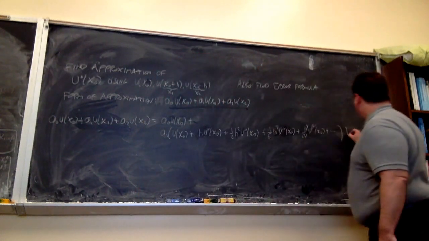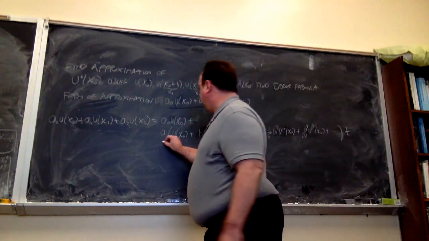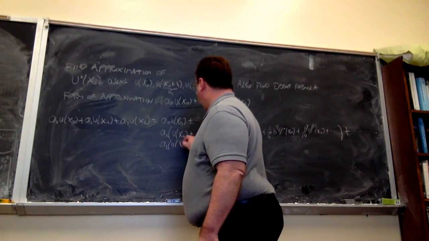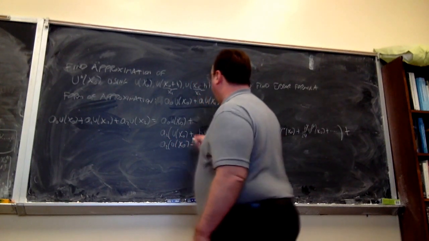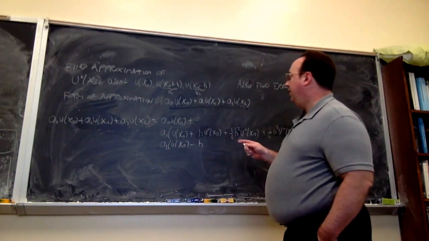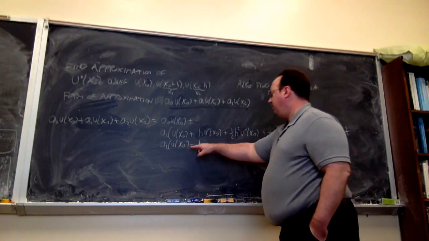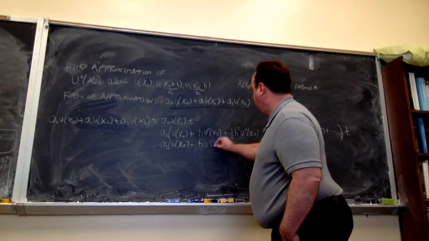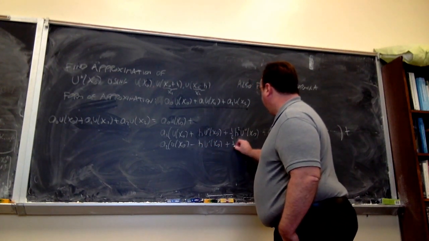plus a2 times a similar expansion around x2, evaluating x2 but expanding around x naught. So x2 is x naught minus h, so I'm going to have minus h throughout here.